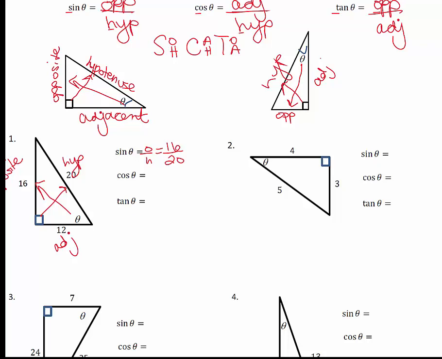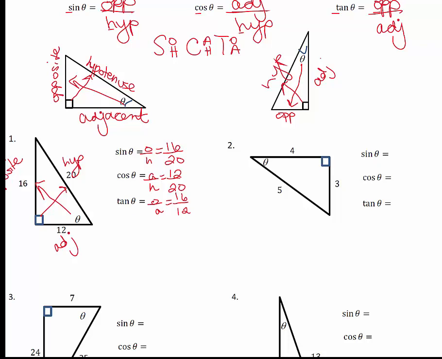Cosine, if you look up top, we're looking for the adjacent over the hypotenuse. Looking at the picture, the adjacent is 12, the hypotenuse is 20. And the tangent, we're looking for the opposite over adjacent. From this picture, the opposite we labeled as 16, and the adjacent we labeled as 12.